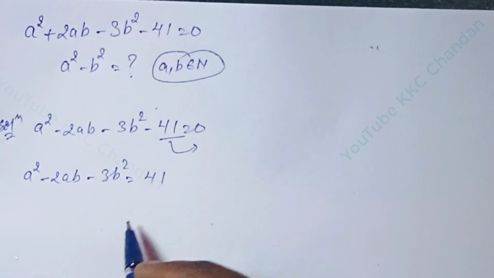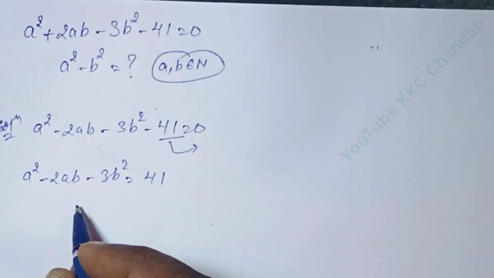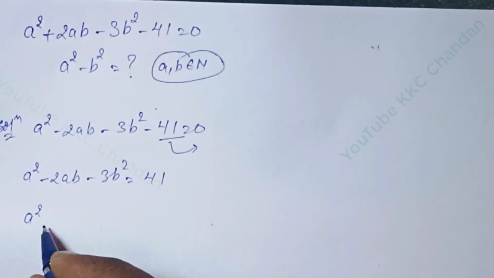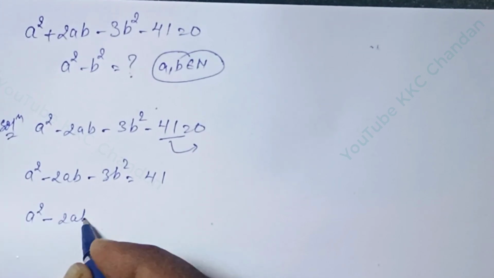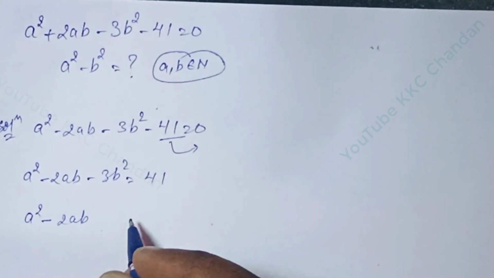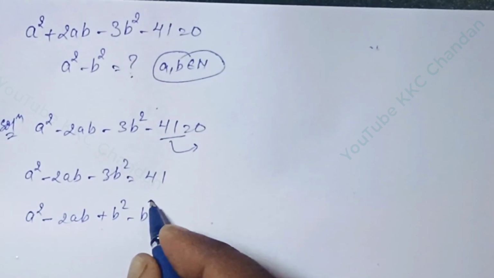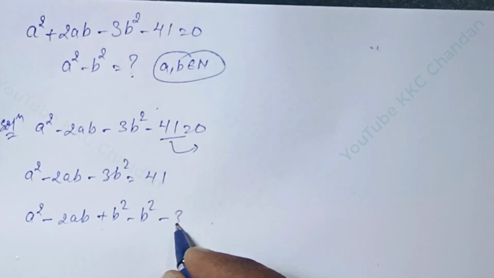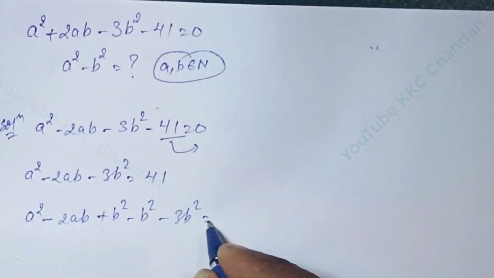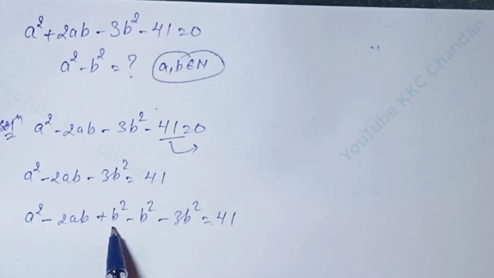After the next step, add b square on both sides. See here, a square minus 2ab plus b square minus b square minus 3b square is equal to 41. See here, b square plus b square, both are cancelled, left it 0.